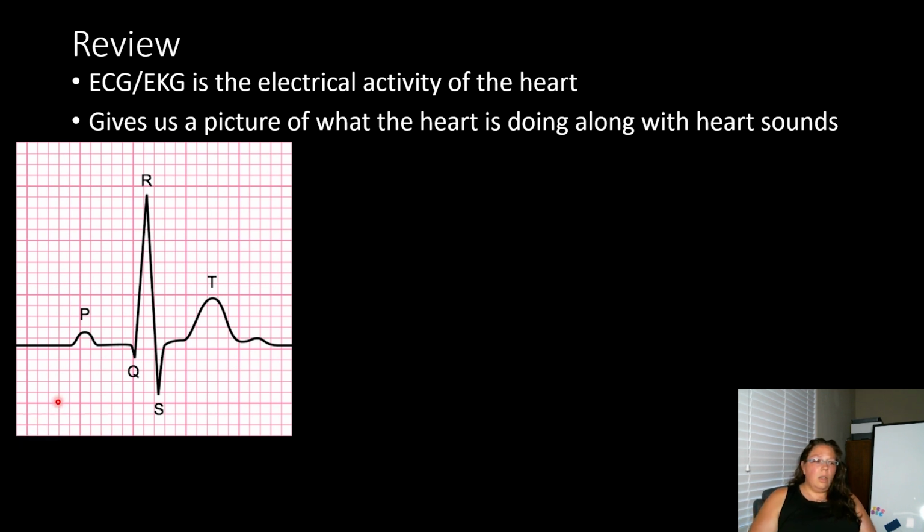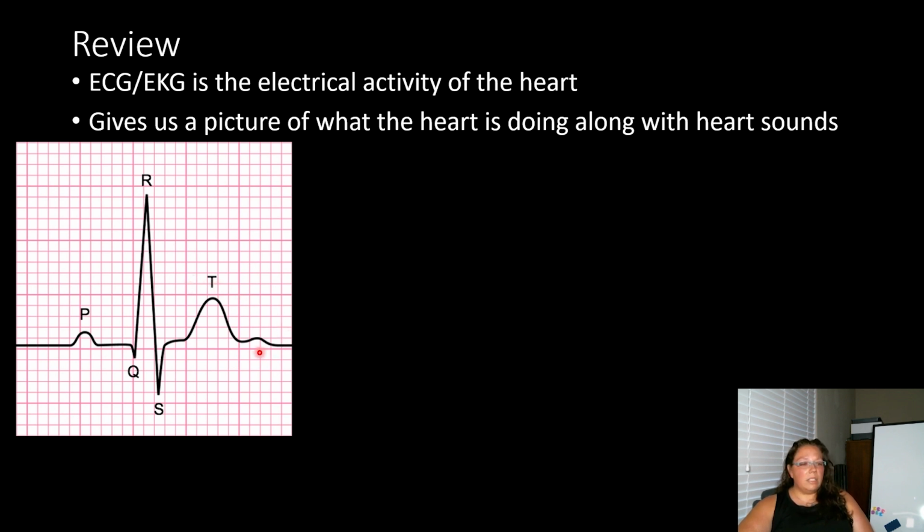Okay, so every normal EKG is going to have a P wave, a QRS, and then a T wave.